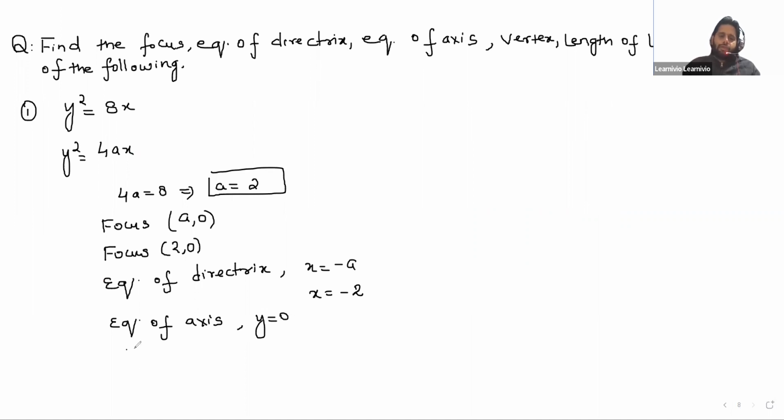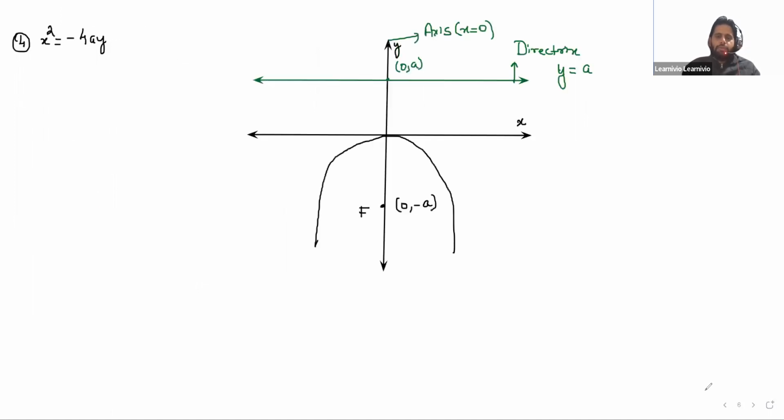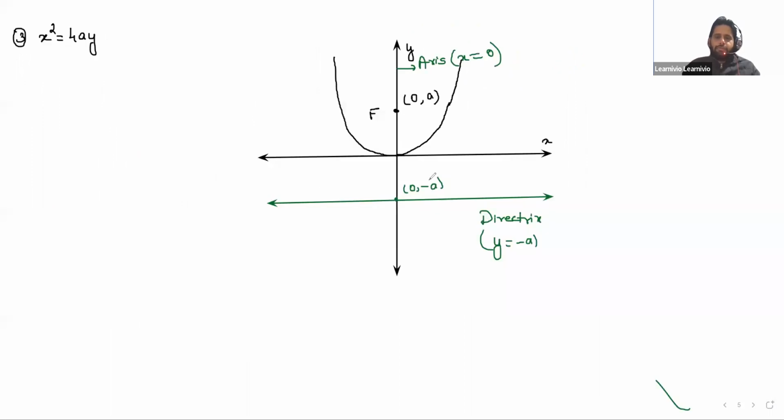Okay. Rutvika, can you tell me what the vertex is? The vertex is at the origin. In these 4 types, we have taken the vertex at the origin. You can check here, this is the vertex.